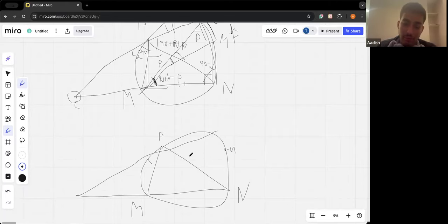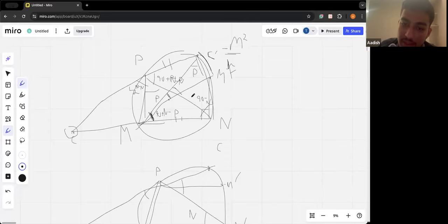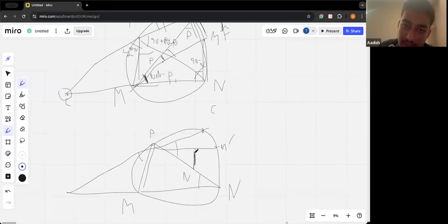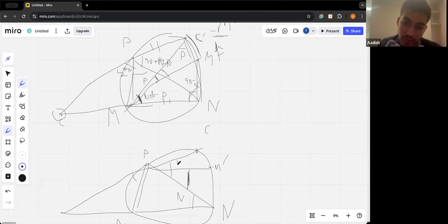PM subtends an angle of N, and you can show that this chord C M prime will also subtend an angle of N, because this whole angle was 90 plus N minus P, and this angle will end up being 90 minus P. So this angle will end up being N, and this angle is 90 minus P, clear, right? Because this angle equals 90 minus this angle.